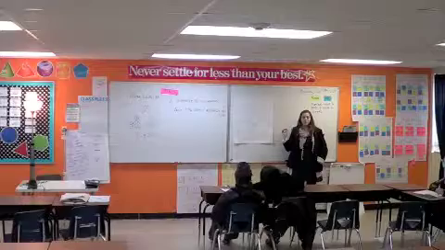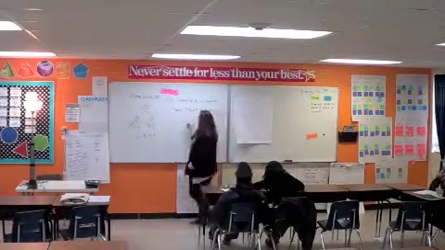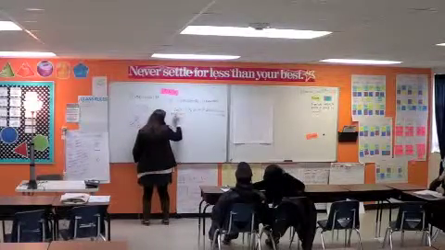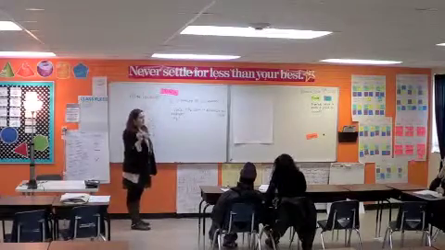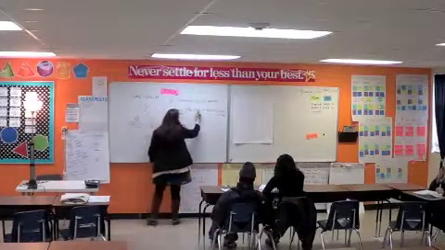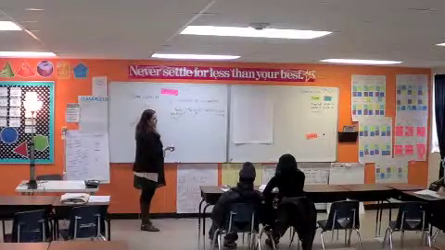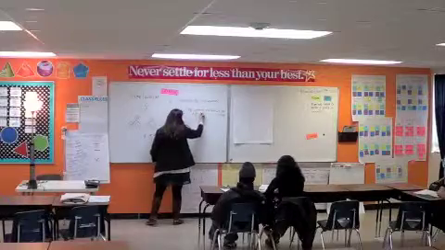What operation is twice? Multiplication. So I'm going to write that underneath it. Multiply by 2. What is the sum? What is that kind of operation? I'm going to add. What am I going to add together? A number. So I'm going to add a number and the number 9.